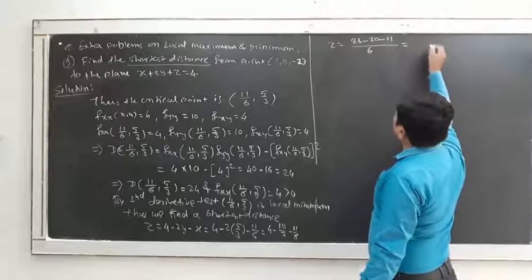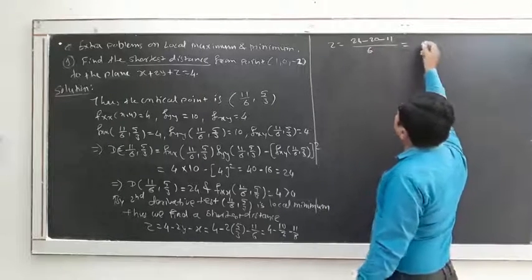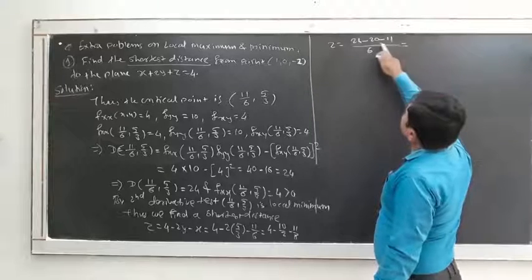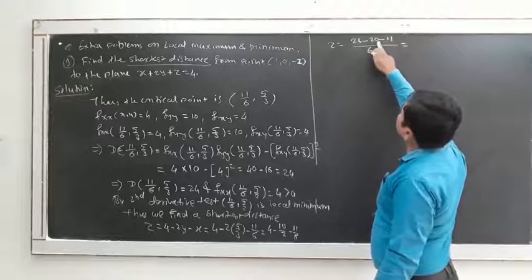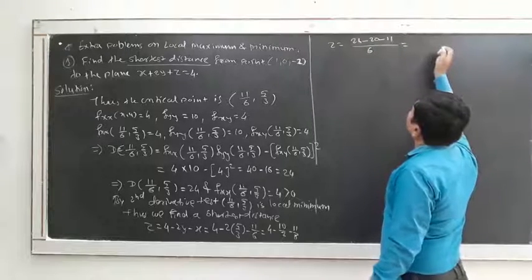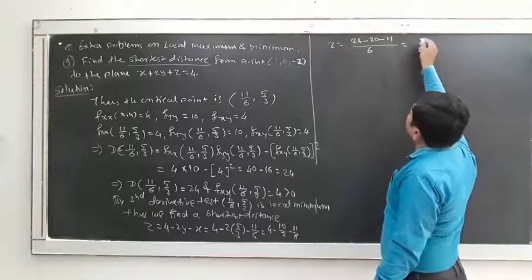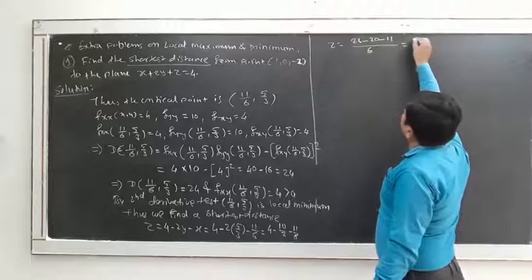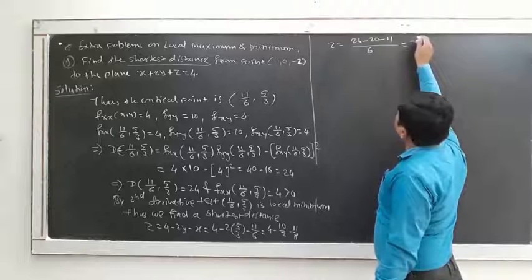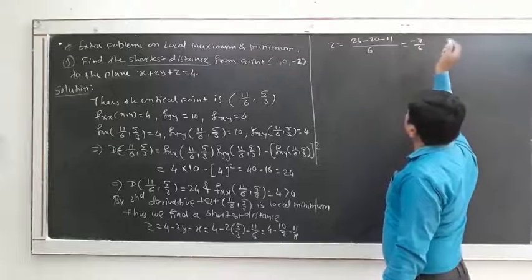It is equal to how much you are getting now here? Now we are getting here 24 minus 4 minus 11, 4 minus 11 is 7, so here it is minus 7/6.